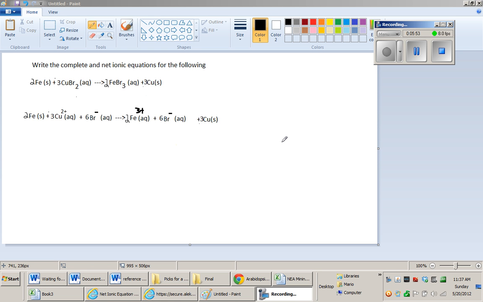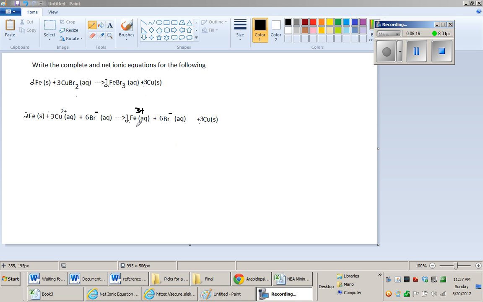So we listed these 2 ions out separately. How do I know that this is iron 3 plus, instead of iron 2 plus or some other charge? Well, as a neutral compound, there are 3 bromide ions. That means that the iron has to have a 3 plus charge to make this compound have an overall 0 charge. So that's how I know that it's iron 3 plus.